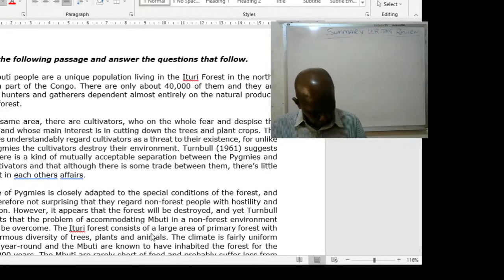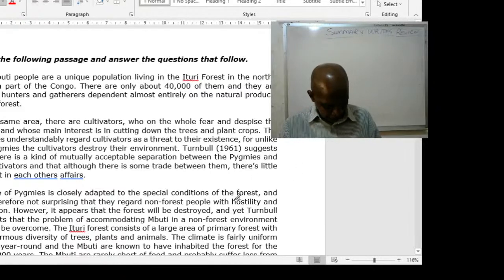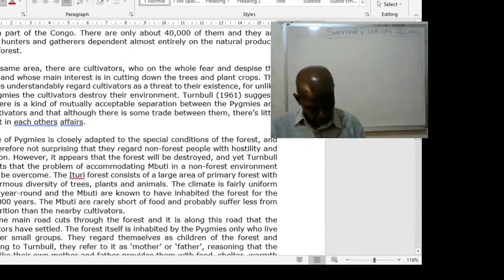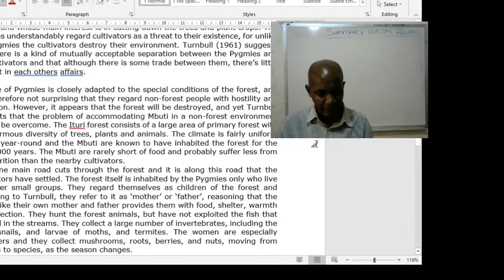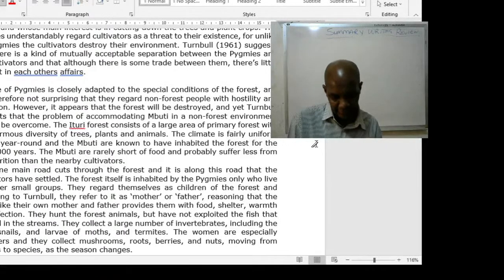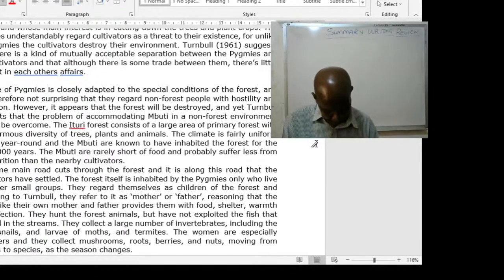And when you go to the next paragraph, the one that begins with the life of pygmies, there is a point that says, therefore, it is not surprising that they regard the non-forest people with hostility and suspicion. The non-forest people here include the cultivators. It's another way of referring to them. They are looked at as being hostile. They are looked at with suspicion.